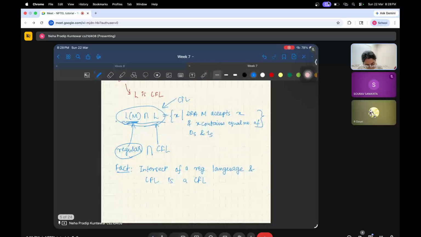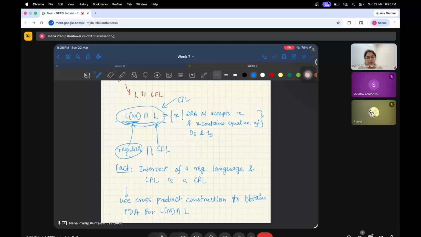So use the cross product construction to obtain a PDA for L of M intersection L. Now all we want to check is whether this language is empty or not.